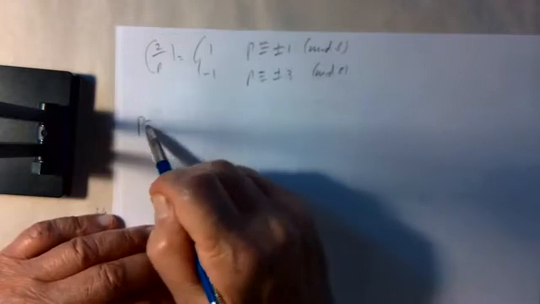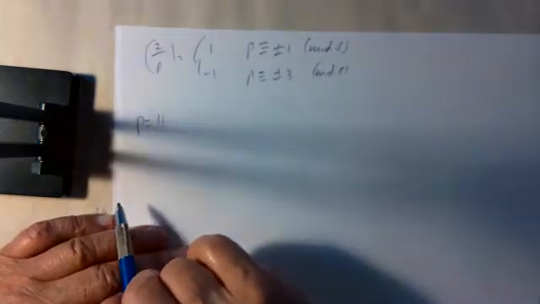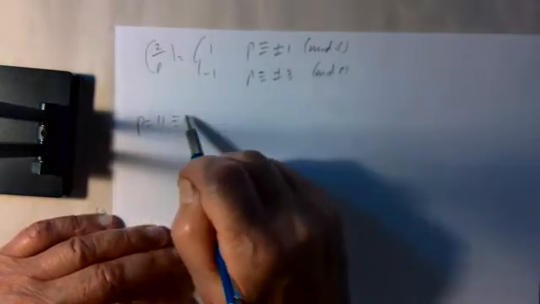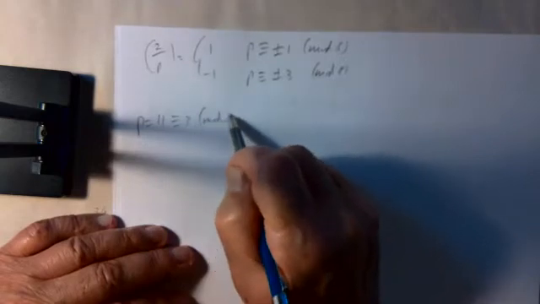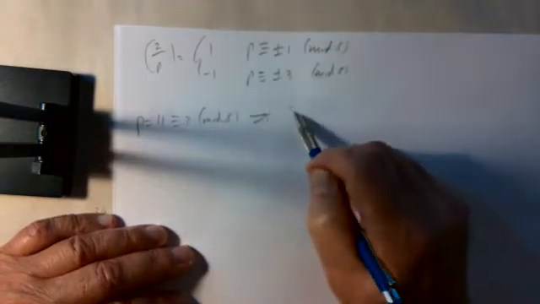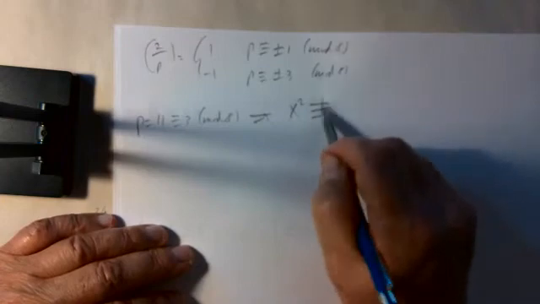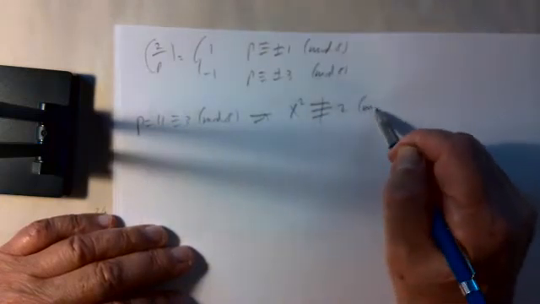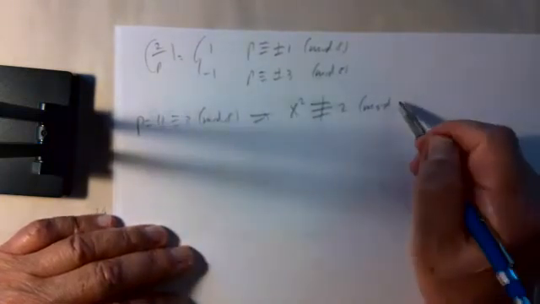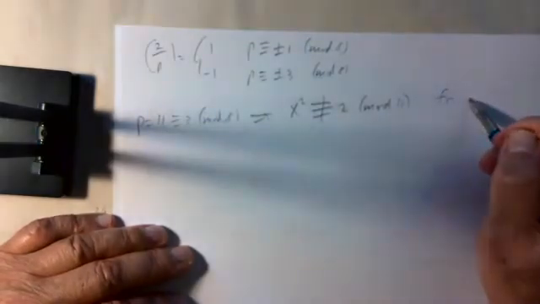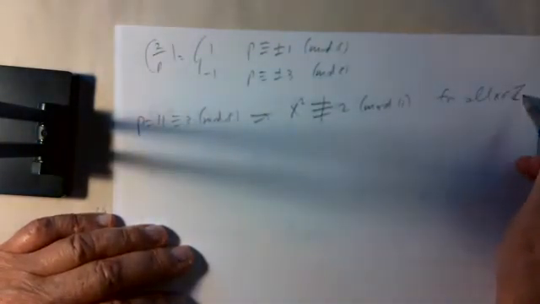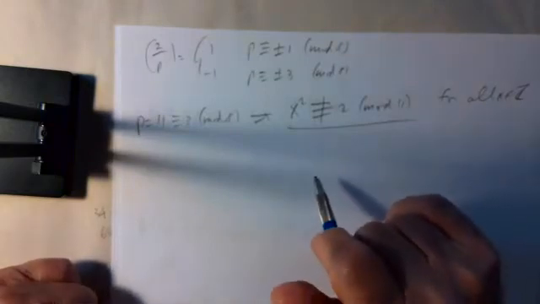So suppose I take p equal to 11. So 11 is congruent to 3 mod 8. So that means that x squared is never congruent to 2 mod the prime 11 for all integers x. There's no solution of this congruence.